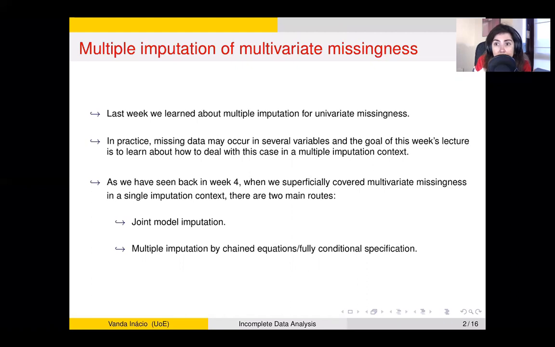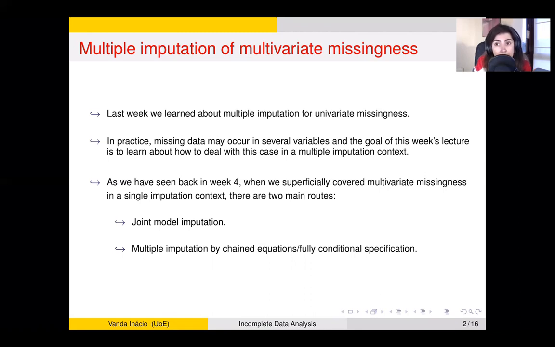We have covered in some detail these options. In this week, what we will be learning is what mice does, or what are the options available when several variables have missing values.